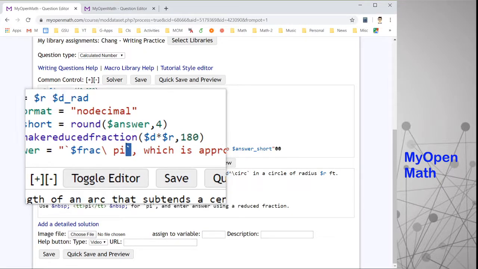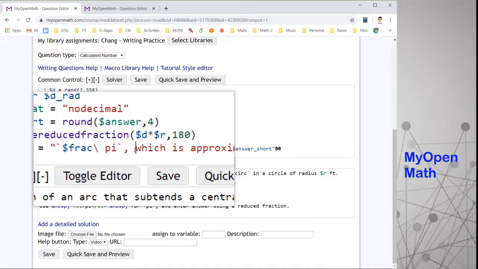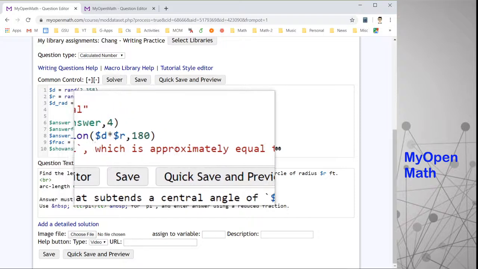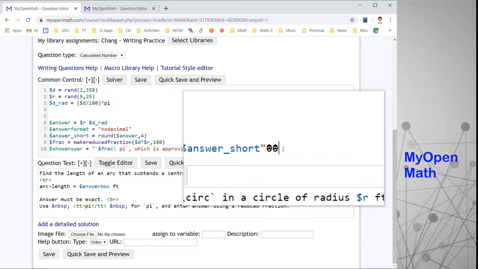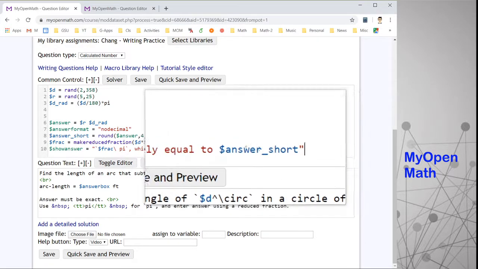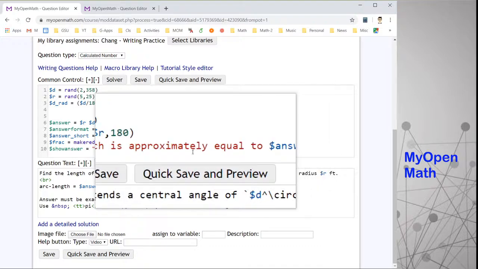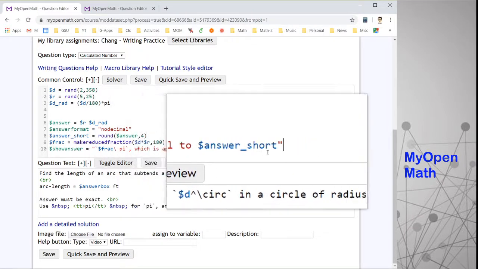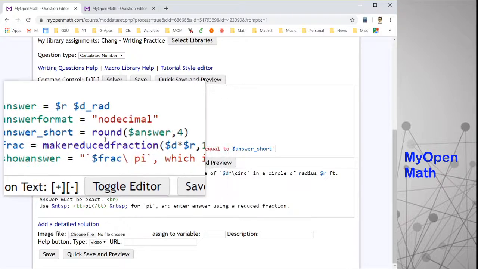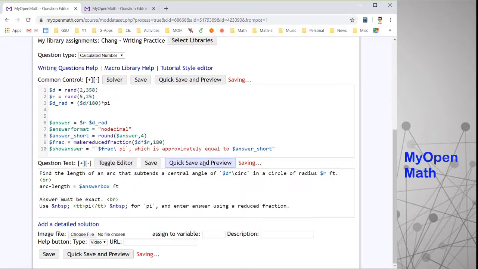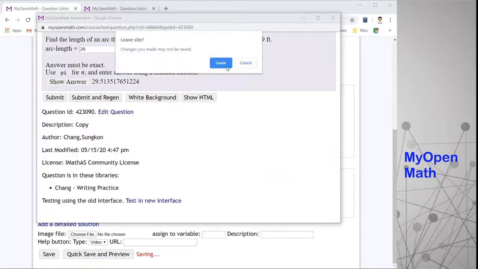So that will be sufficient, but I'm explaining a little bit further here using this normal text, which is approximately equal to this answer. I have to get rid of these from my shortcut key for this recorder. Approximately equal to this decimal version we prepared up to 4 decimal places. So if you do that, this must show the answer nicely.